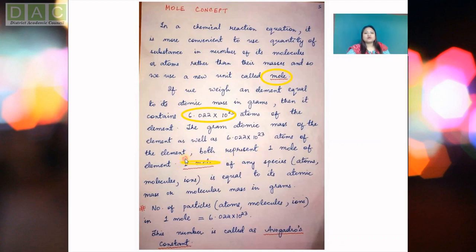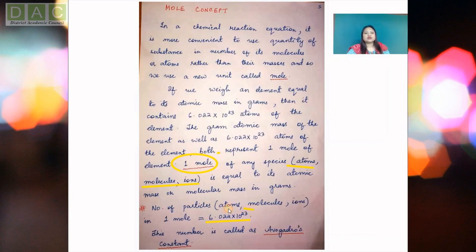So 1 mole of any species, that is atoms, molecules or ions, is equal to atomic mass or molecular mass in grams. And as we can see, the number of atoms, molecules or ions in 1 mole is always equal to 6.022 into 10 to the power 23.